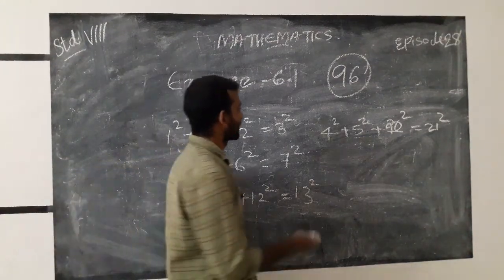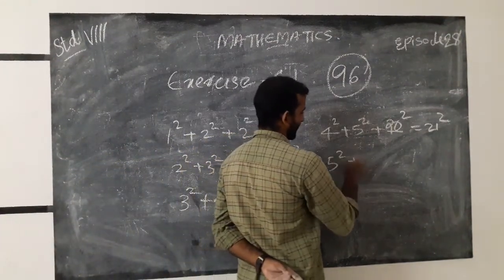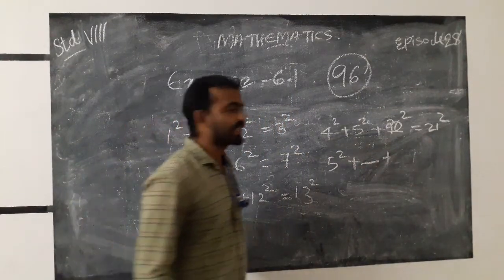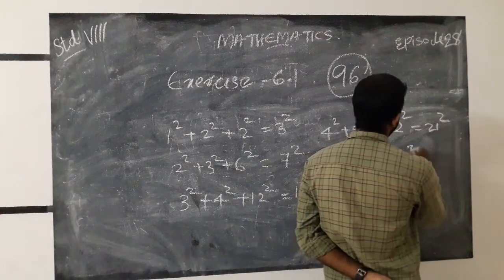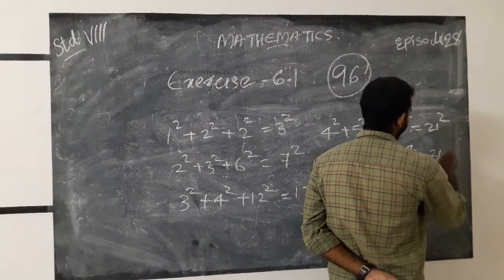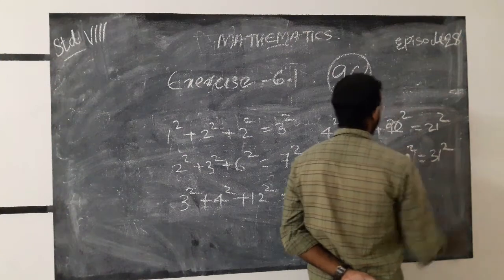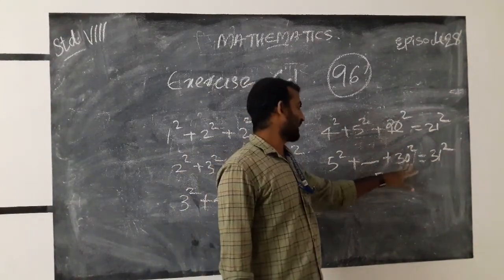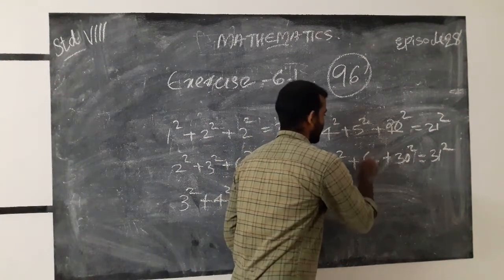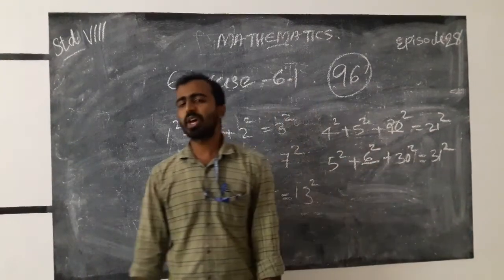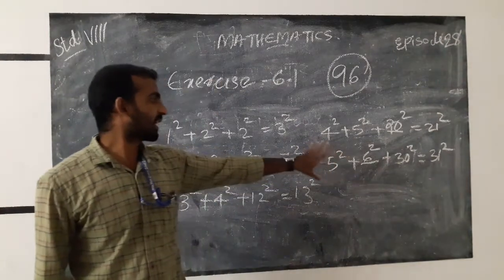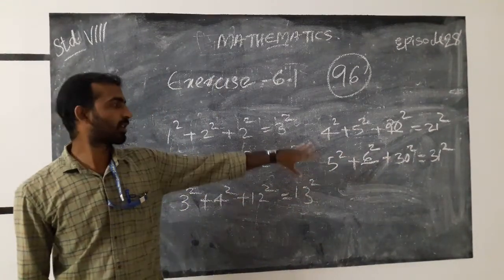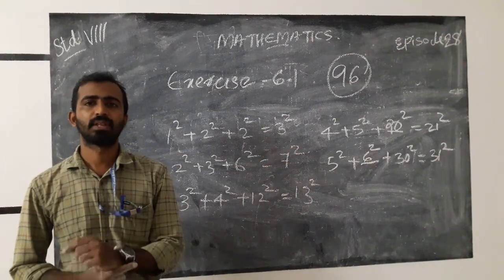5 square plus dash plus 30 square equal to 31 square. That is, here a digit is missing. That is 30 by 5. We get 6. That is 5 square plus 6 square plus 30 square equal to 31 square.